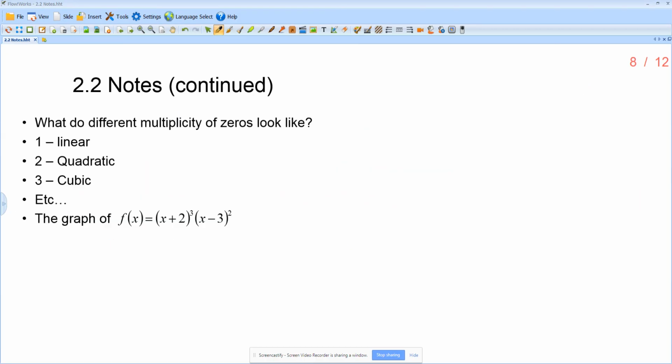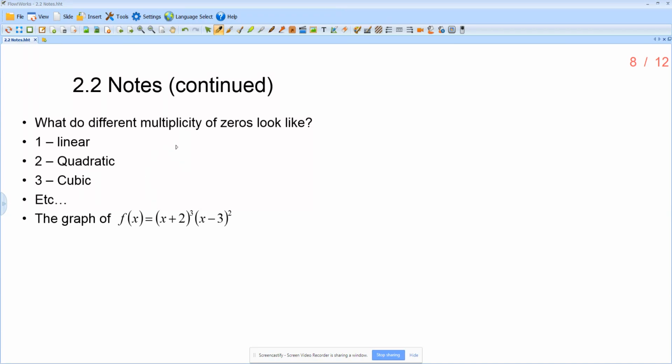All right, talking then about what different multiplicities of zeros look like. Something with a multiplicity of 1 is going to look linear. Something with a multiplicity of 2 will look quadratic. Something with a multiplicity of 3 will look cubic.